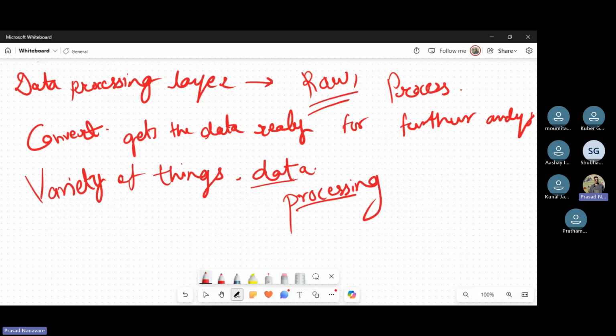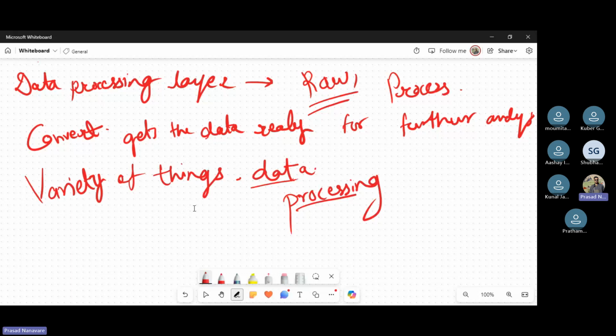So it could be any advanced algorithm, like ML algorithms maybe, to be specific for analyzing the data. So this is our data processing layer in IoT.